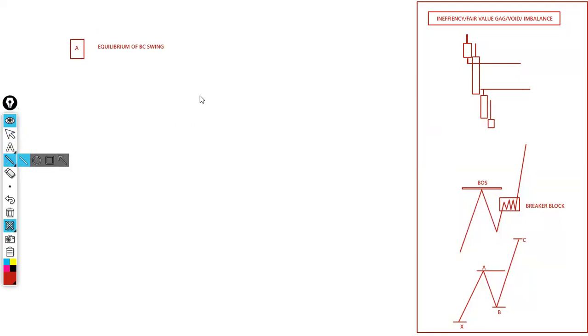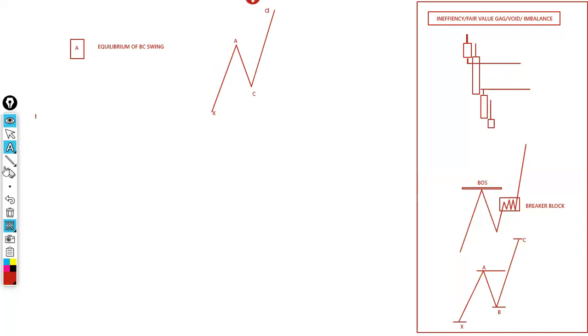So now, let's say I have a market that journeyed this way, I got a retracement this way, and then I have this way. Better still, I want to make this in a way that we can see it better. Now, this is my SABC, where this is the origin, where the market started off from. So I will say that this is my A, and this is my B, and then this is my C.